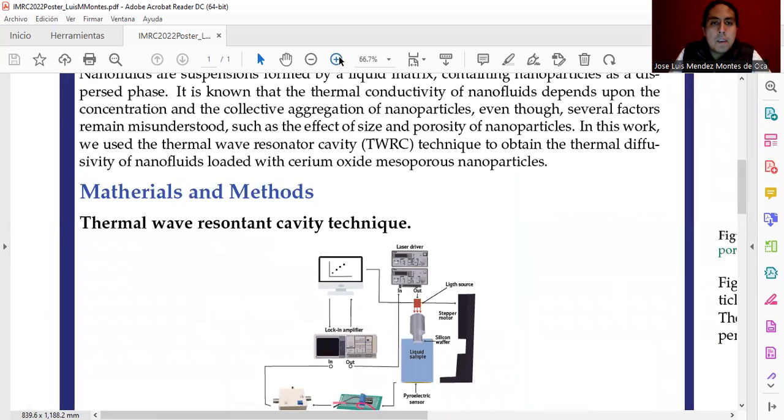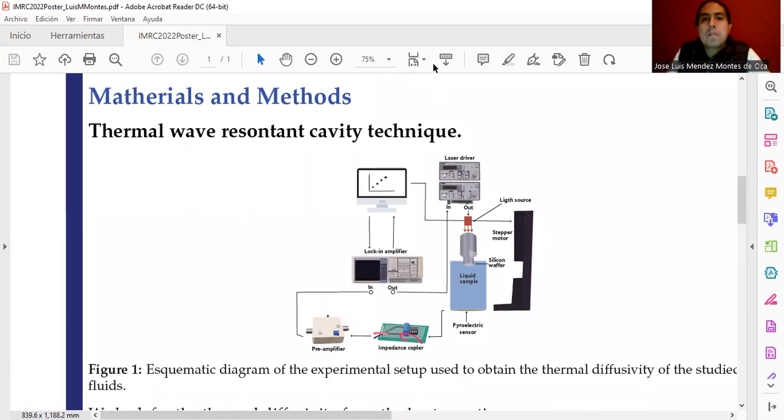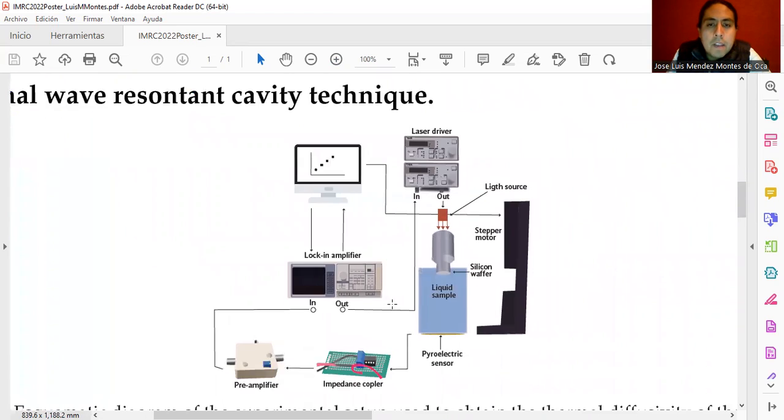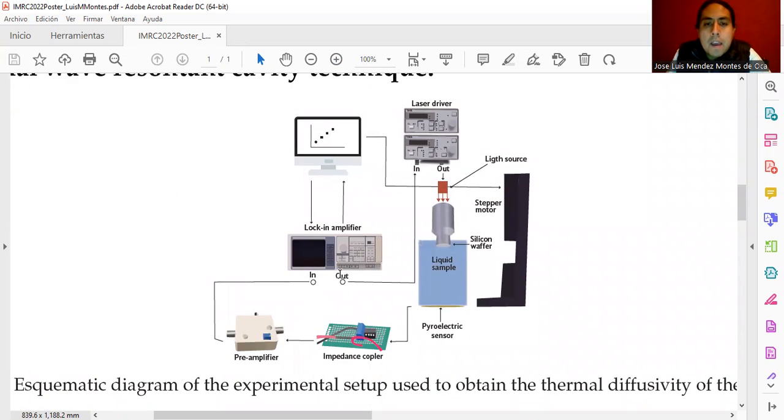This is the experimental setup that we used. It consists of a lock-in amplifier, which sends a sinusoidal signal to a laser driver so that we obtain a modulated laser light, which goes to a silicon wafer, which acts as a thermal wave generator.